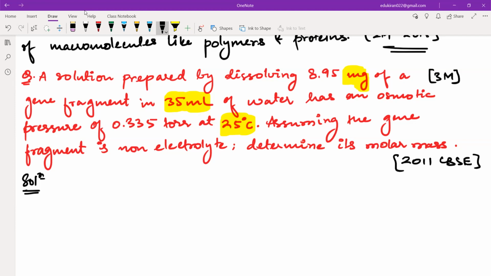You have to convert this to atm and then only you can use that. Here you have torr. If you convert this to atm, then you can use it. So we can just divide it by 760. Correct.